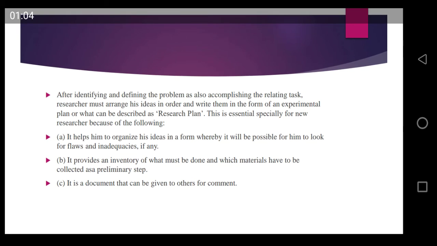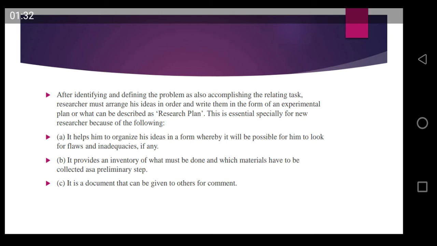As per my experience, after understanding the problem statement, what we are going to do is identify the related tasks, or you can say related work, required to solve the problem statement. I need to gather them. Once you have gathered all this, the researcher needs to arrange these ideas in order.